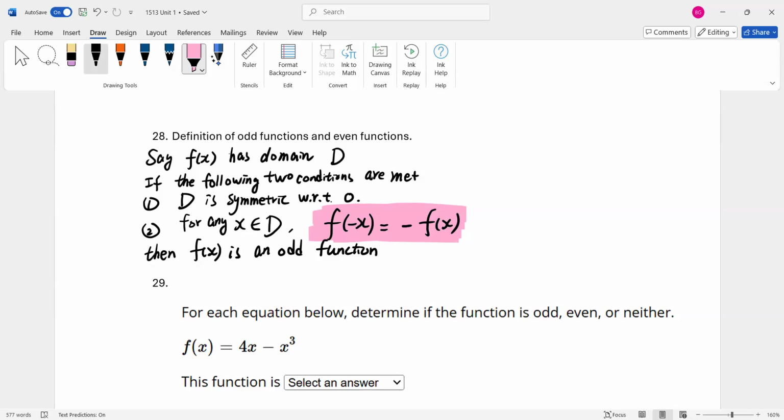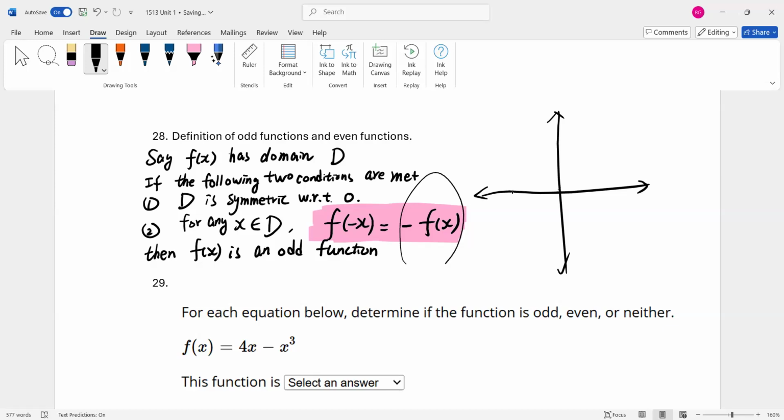So what does that mean? We can try to use transformation to understand the graph of the function. On the left side, basically, we flip the graph of the function f over the y-axis, right? And on the right side, we actually flip the graph over the x-axis.